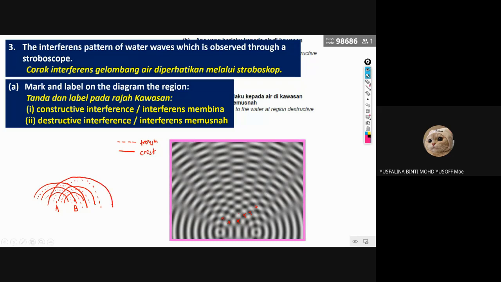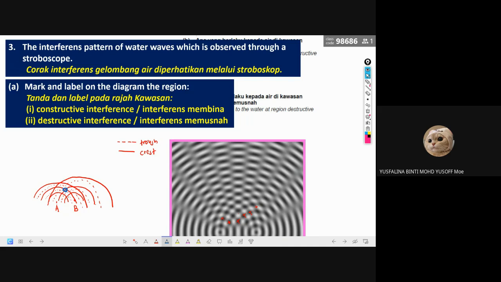All right. So it's easy for me, and maybe easy for you to see or to label if using this diagram. For constructive interference, it should be crest to crest. So, use another pen. This one can be the constructive, where crest meets crest.